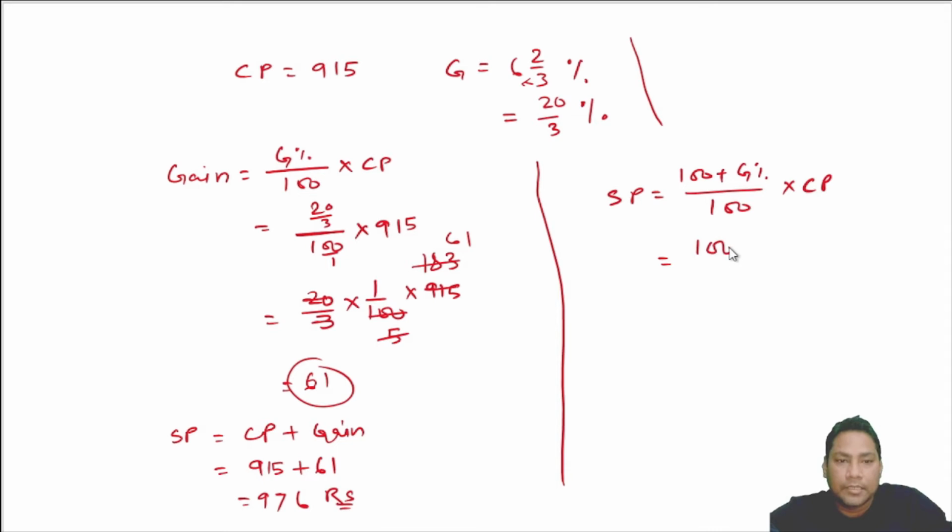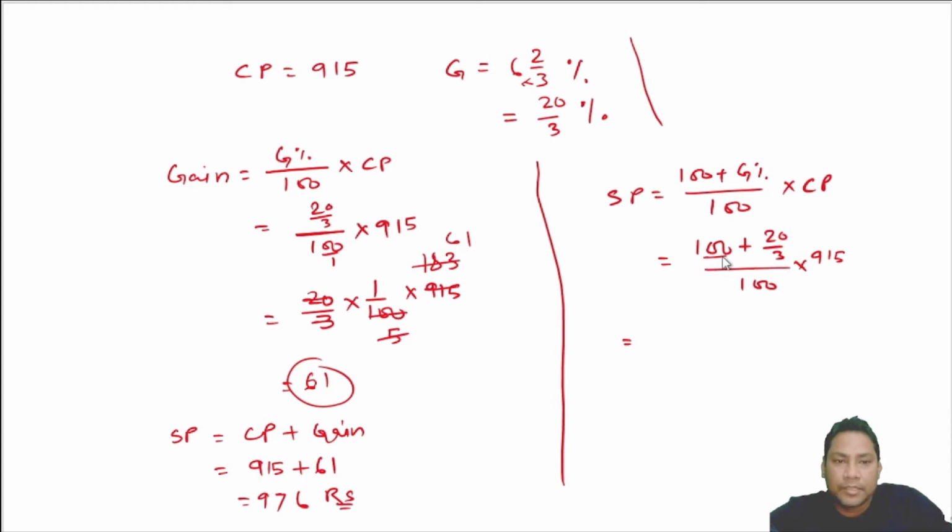Now 100, the gain percentage is 20 by 3, divided by 100 multiplied by cost price, that is 915. Now we will simplify this, 100 plus 20 by 3.